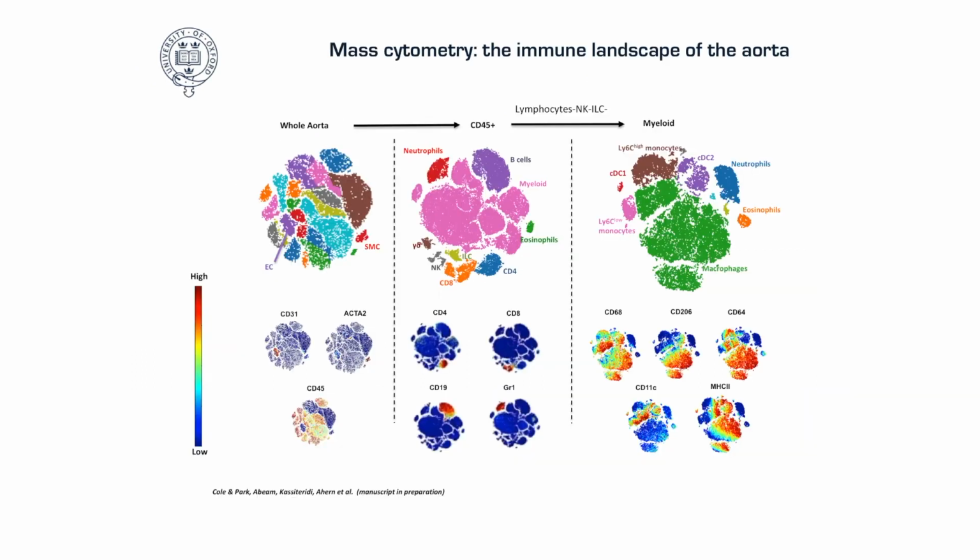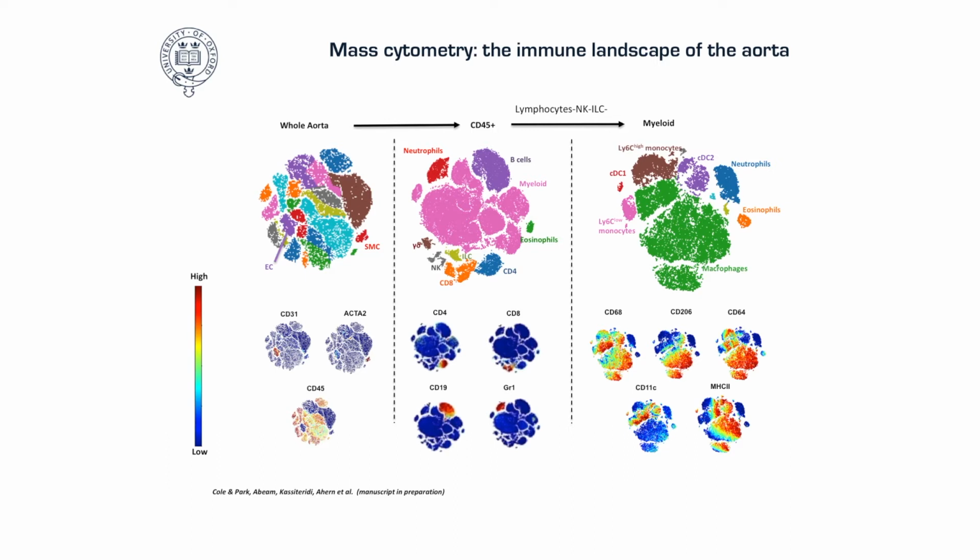Okay, so that's how the analysis can be done. You can look at the whole aorta, so you can take all the cells that are coming out of the aorta digest. You can take the inflammatory cells and the vascular cells together, and you can look at some markers which can guide you in understanding these clusters. So you can see how many different clusters of cells are inside the aorta.